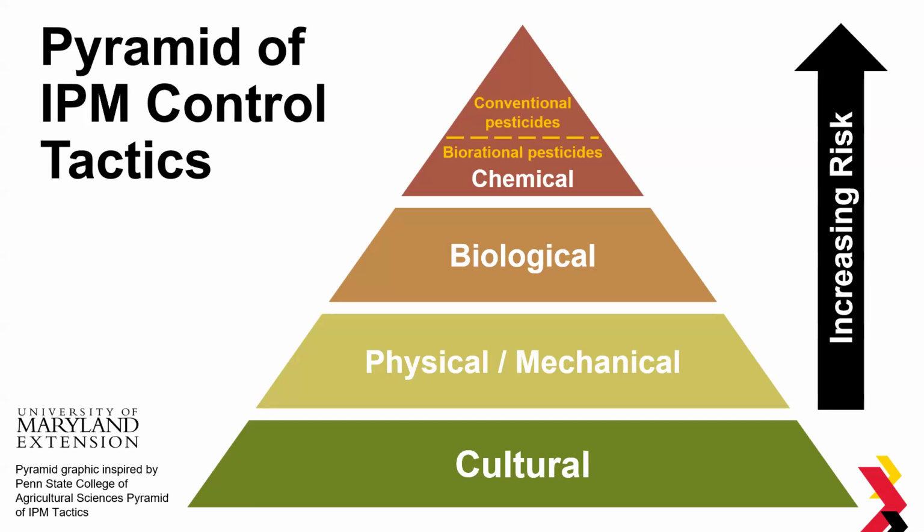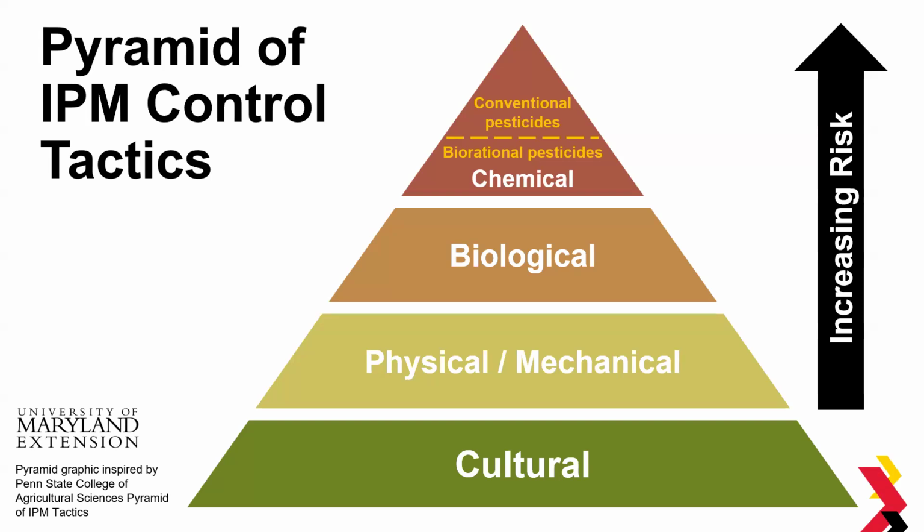So we place chemical controls at the top because they have the highest potential for negative risk in our ecosystems, potential risk of non-target impacts on different animals, versus cultural controls having the lowest amount of risk.